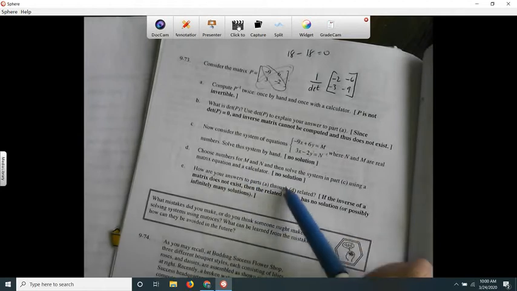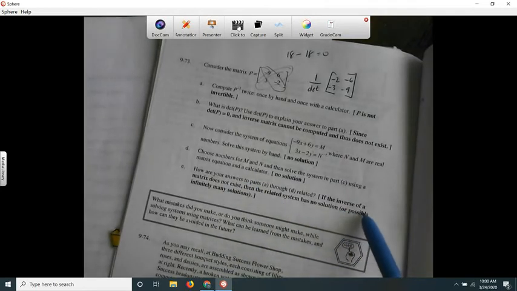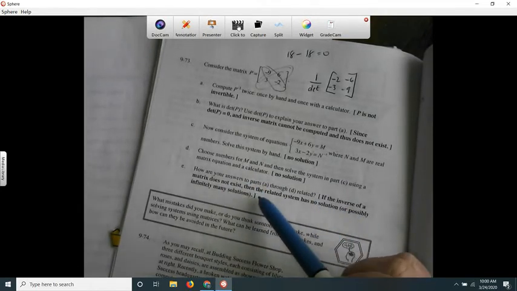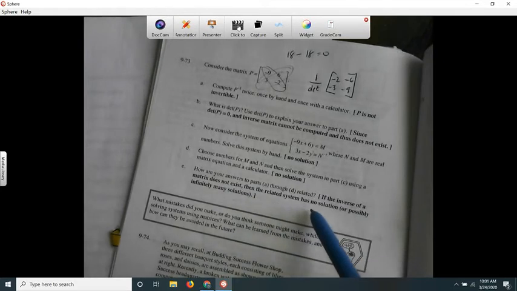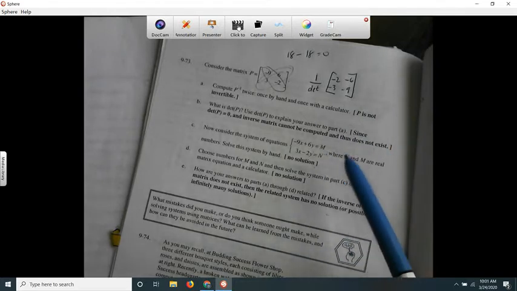How are your answers related? If the inverse of a matrix does not exist, then the related system has no solution. Just remember that when you're trying to solve systems of equations, just like in the olden days in Integrated 3 or whatever, sometimes the lines are parallel and you have no solution.